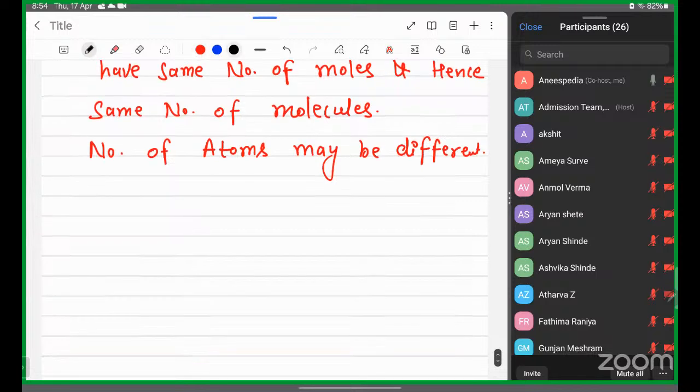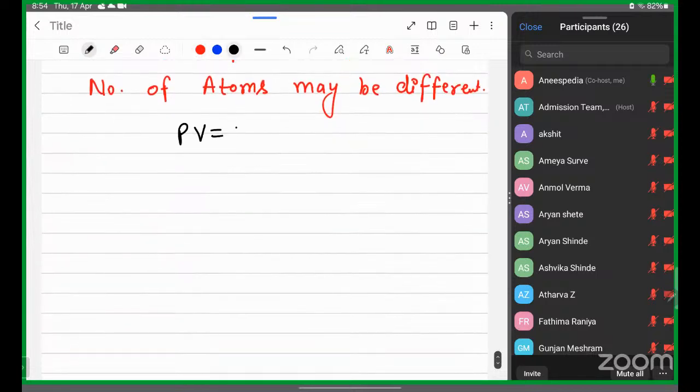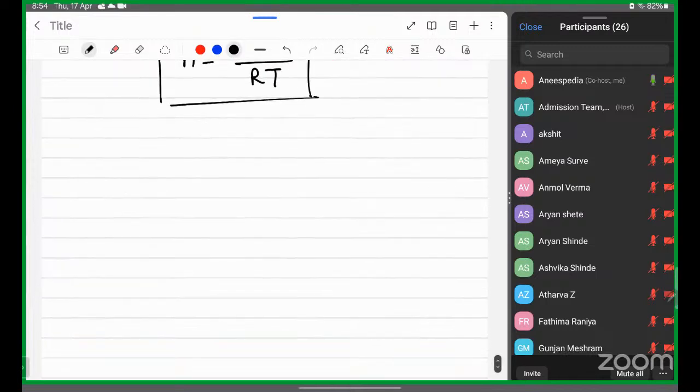For example, we have PV equals nRT, and out of this relation, if you find the number of moles n, this will be PV divided by RT. Now let's say I have 4 different gases, A, B, C, and D. Let me take helium, hydrogen, SO2, and let's say nitrogen.